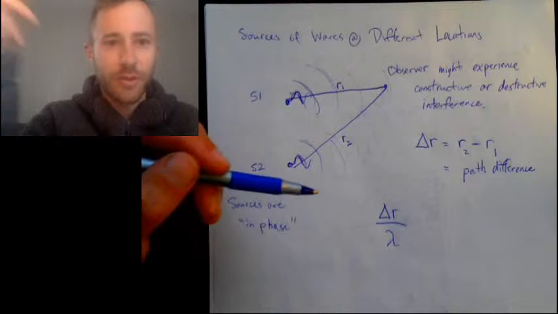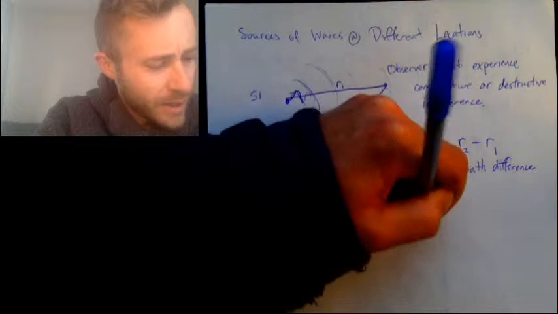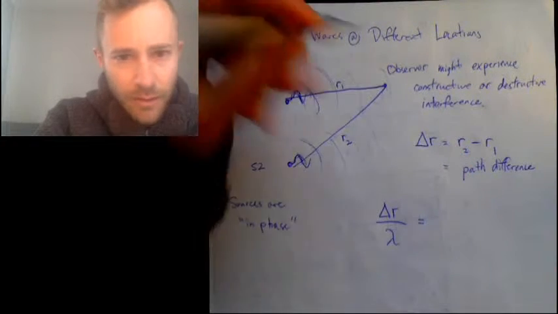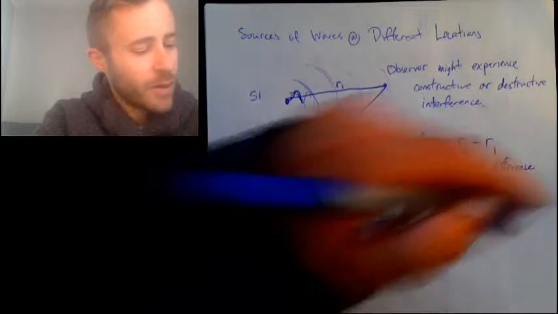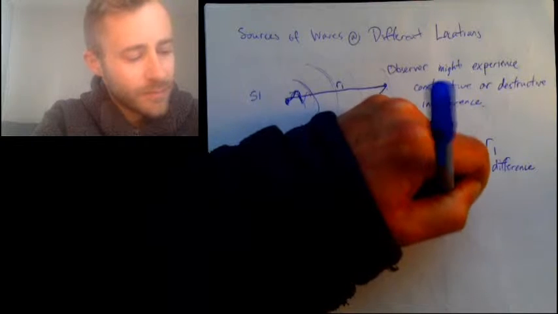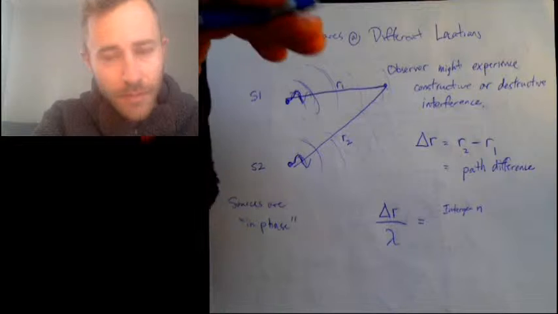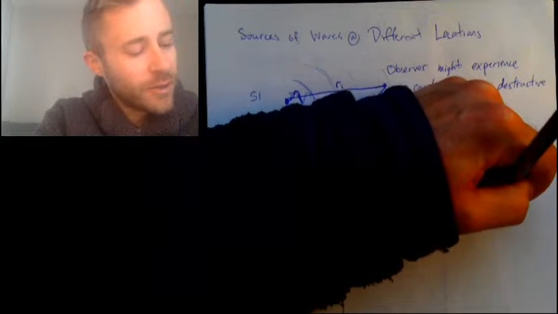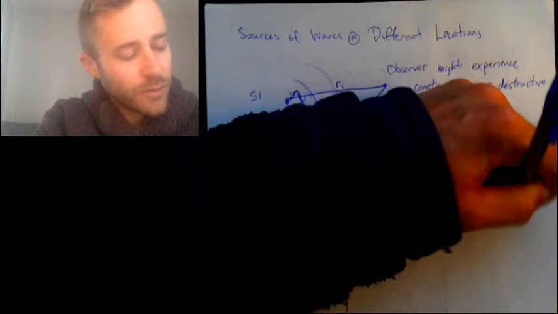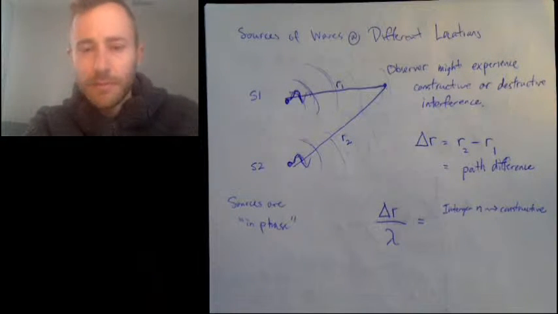Not 4 meters, but just 4 with no units. And if you find that the path difference divided by a wavelength is equal to an integer, n, so a whole number, then you are going to have constructive interference at that location.